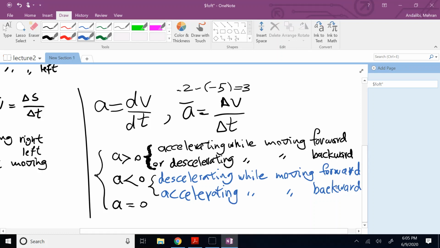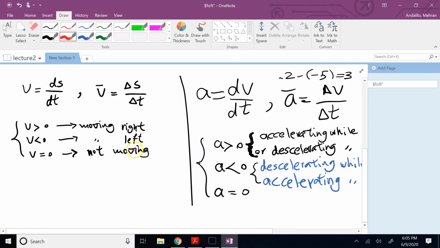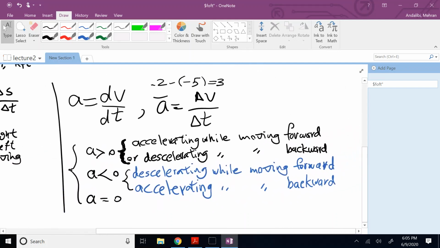What about zero acceleration? What does it mean? When you have zero acceleration, are you moving? You see here, when your velocity is 0, you're not moving. What about zero acceleration? If you have zero acceleration, are you moving? Yes, you can. When you're just cruising, whether backward or forward, doesn't matter, and the magnitude of your speed and the direction of your velocity does not change, you have zero acceleration, meaning the velocity does not change.